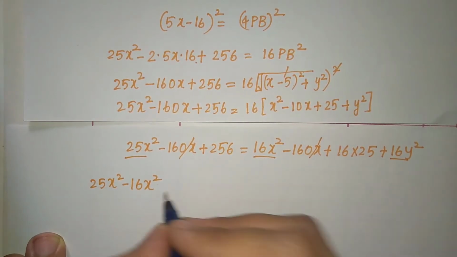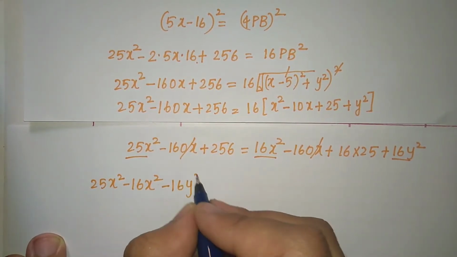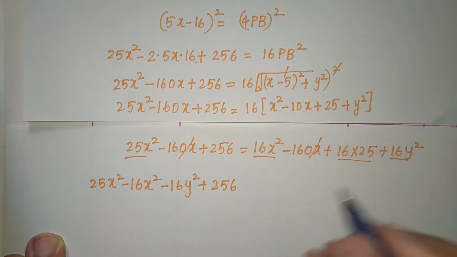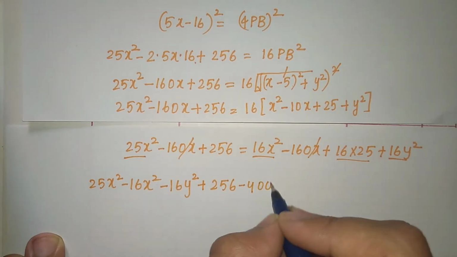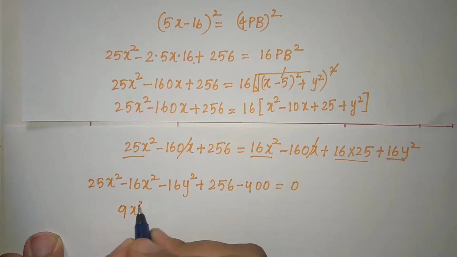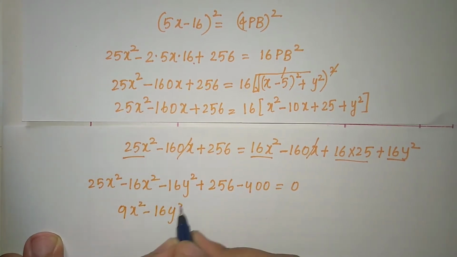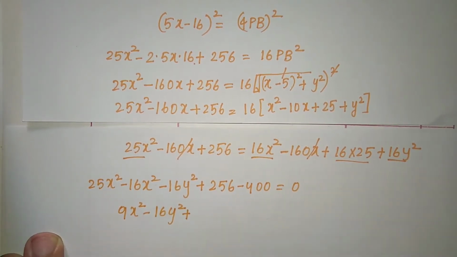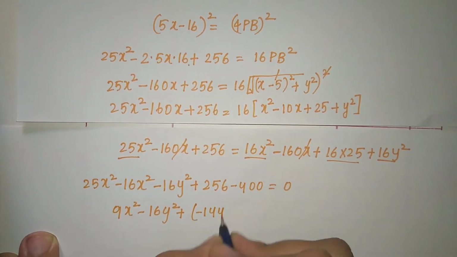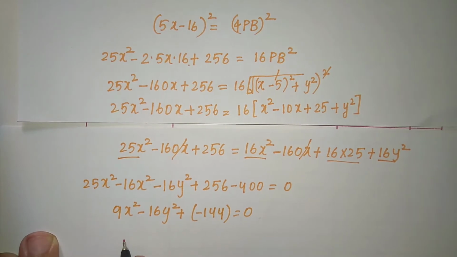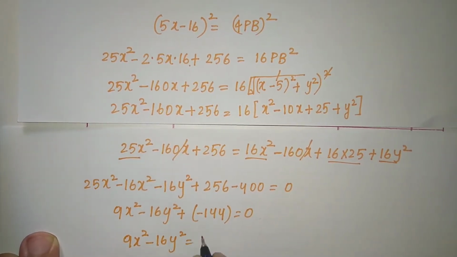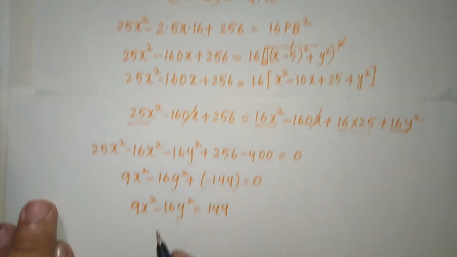Here we have 16y square, so minus 16y square, plus 256, this is 400, minus 400 is equal to 0, and we will get 9x square minus 16y square minus 144 is equal to 0. So here we have 9x square minus 16y square is equal to 144.